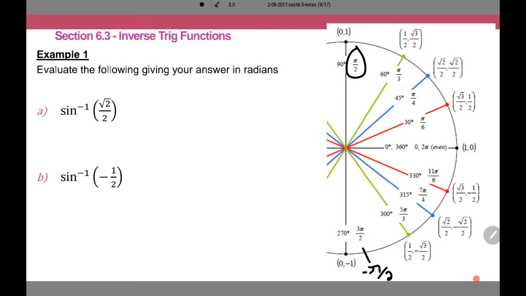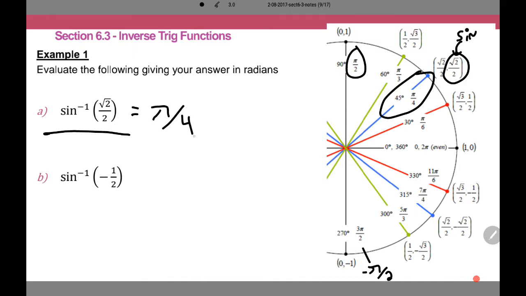So what we need to look for is, where is the sine equal to square root of 2 over 2? And remember, this y coordinate is the sine value, so this is what I'm looking for. And that ends up being the angle pi over 4. So the inverse sine of square root of 2 over 2 is just pi over 4.